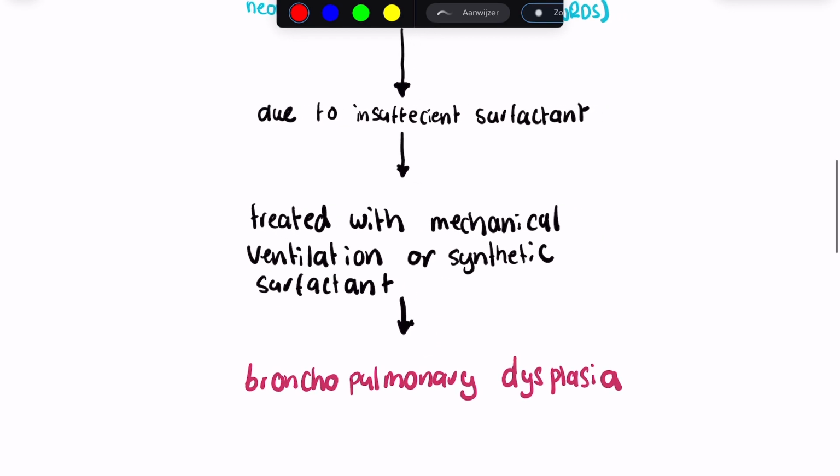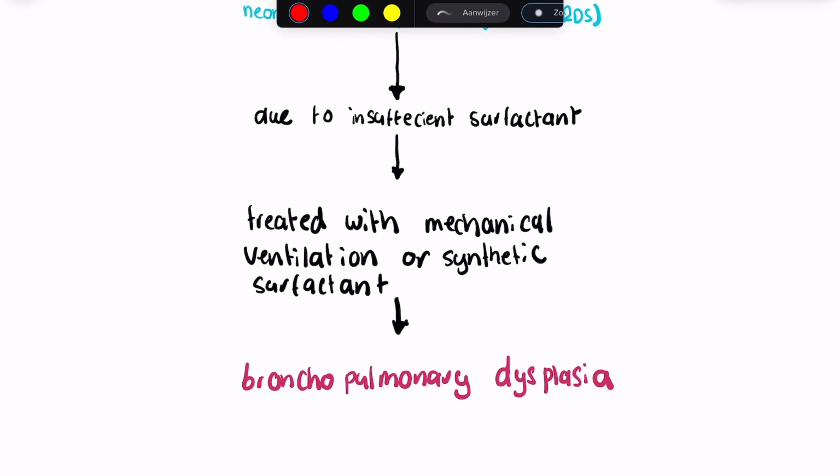And this has the ability to eventually lead to bronchopulmonary dysplasia, which is that due to scarring tissue, the alveoli that you already have and those that still need to be matured and produced are not good enough, so you are not able to properly breathe. So this is a very big problem that you can have as a child and eventually also later in life.